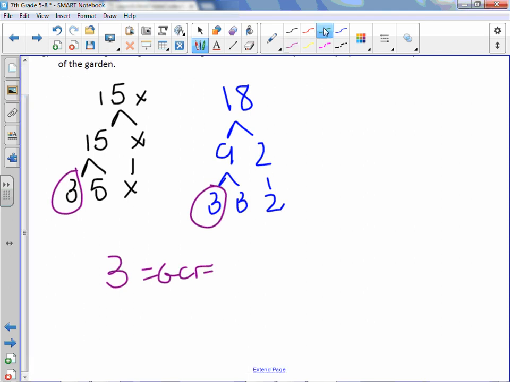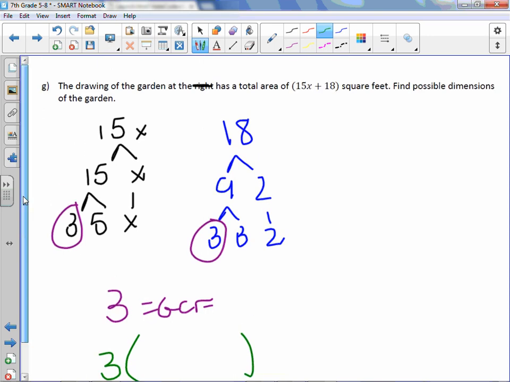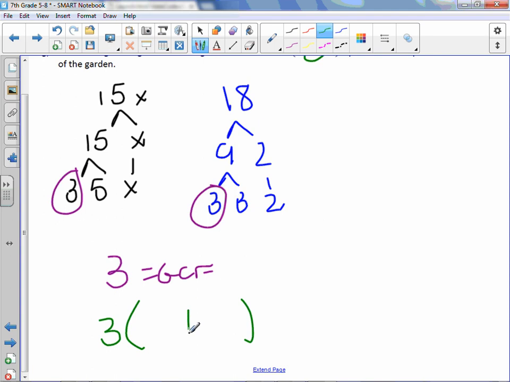3 goes on the outside of our parentheses. Bring down that plus sign. I have 5x left. And I have 3 and 2 left, which again, we multiply them. 3 times 2 is 6. So I have 6 left.